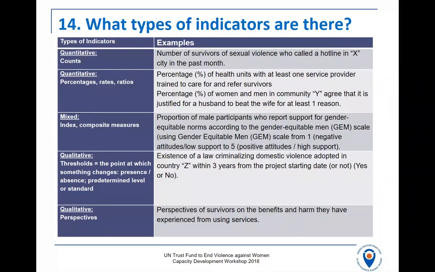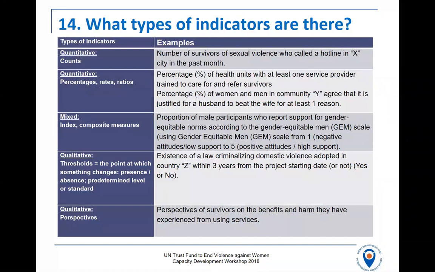A very important one for us at the Trust Fund that we encourage you to have is one on perspectives or opinions. The perspectives and opinions of survivors and women and girl beneficiaries is the most important to our projects. So that's a qualitative indicator where you can simply measure the perspectives.